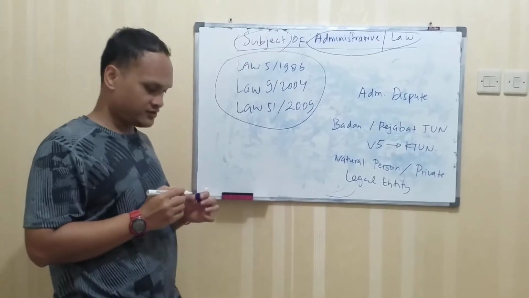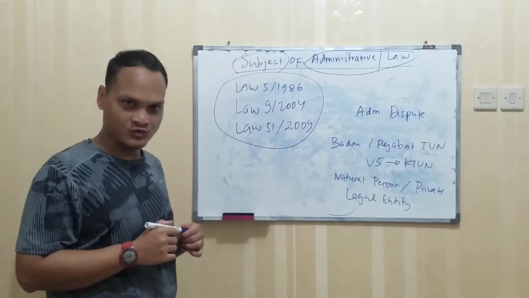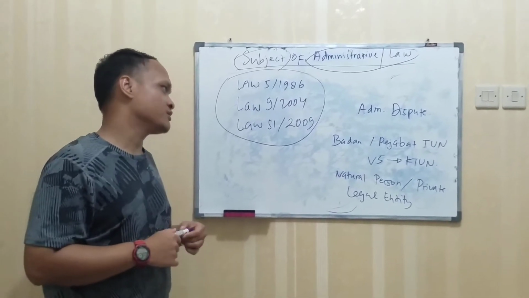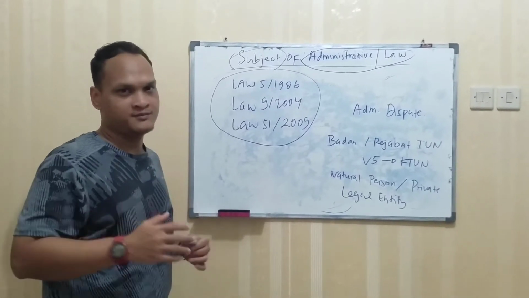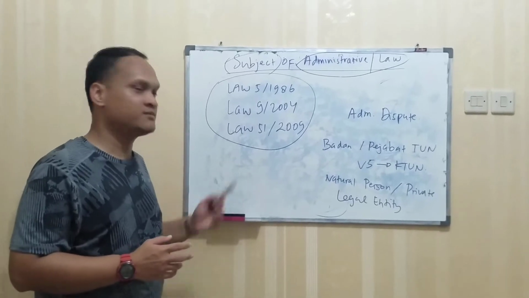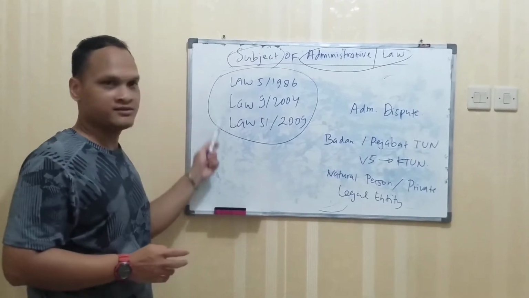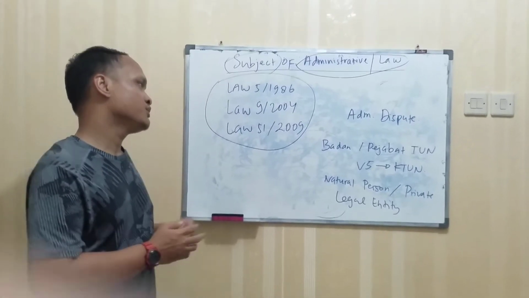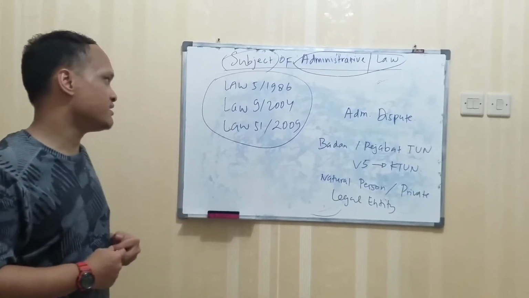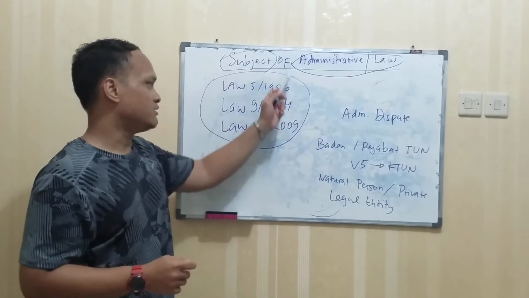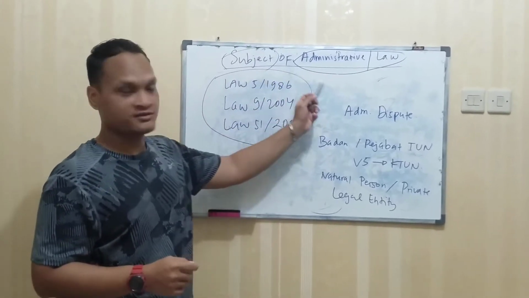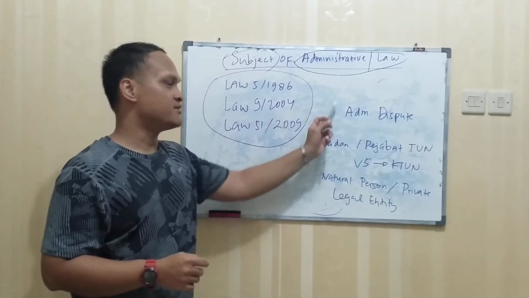These three regulations are talking about administrative court. Of course, there are also other regulations regarding this, but this is the first step that you have to do: read this regulation. So based on this regulation, we can determine the subject of law, the subject of administrative law in administrative court.